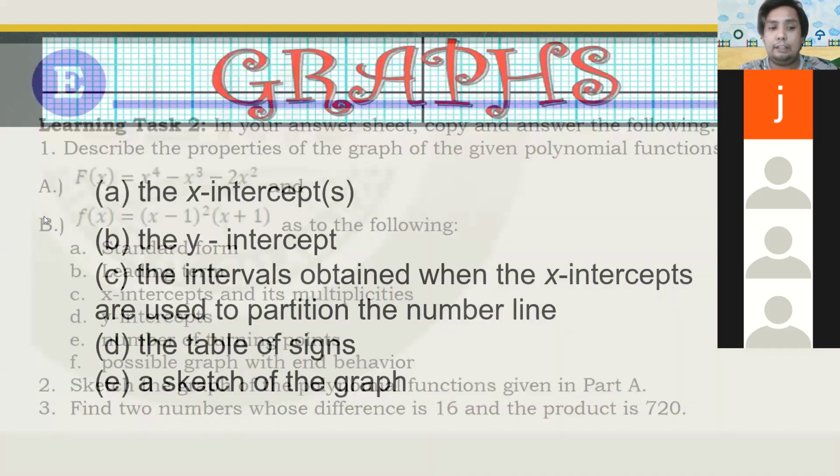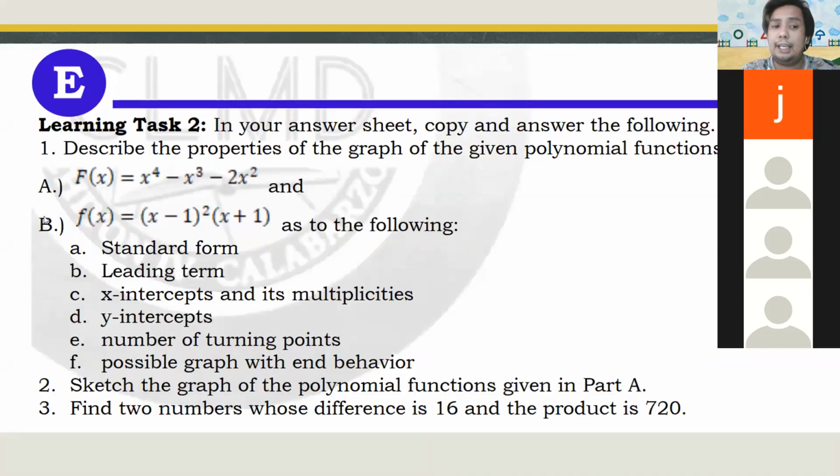So with that, this is what you will do, which is learning task 2 only. Learning task 2 only, okay? For A and B, we write them as A, B, C, D, E, F. In letter A, find the standard form, or arrange from lowest to highest. When there are squares, we need to multiply first so we can write the proper arrangement.